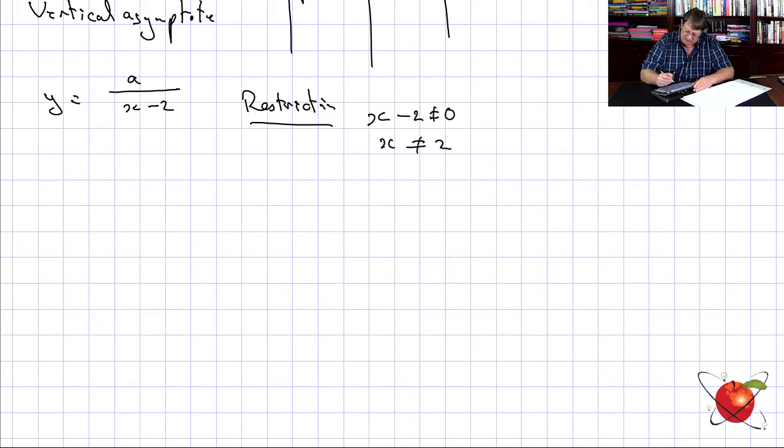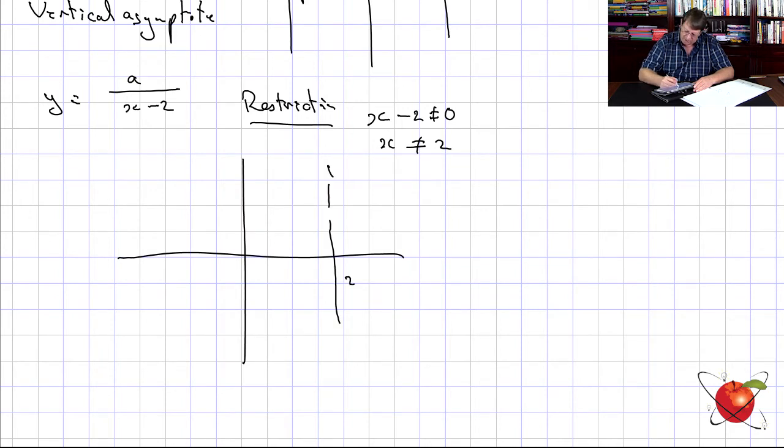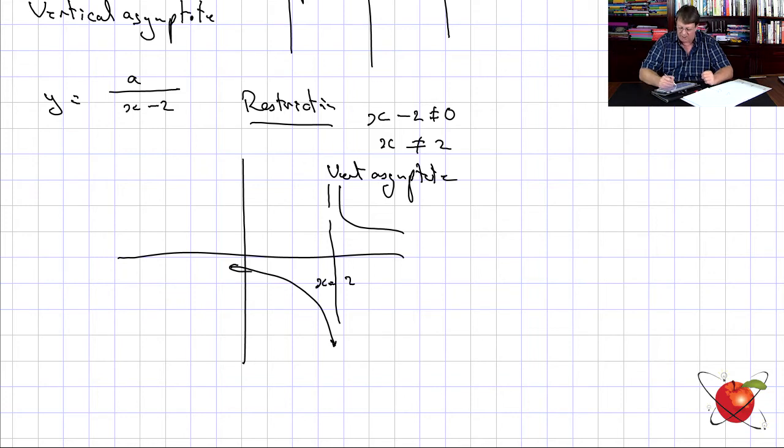Therefore, x cannot be equal to 2. So straight away at the point 2, I put a vertical asymptote over there, don't I? At x equals 2. Now, obviously, if I had q, I would have a line like that, wouldn't I? And q would lift it up and down. We're going to get to that one now.